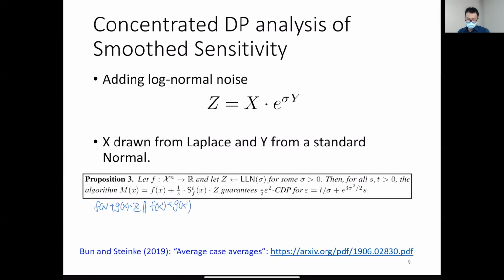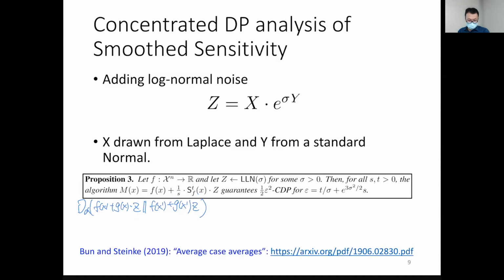So this is the 1 over S multiplier with a smooth sensitivity, which is a function of the data itself, right? So this is a function of the data itself, and all we want to do is to calculate the alpha Rényi divergence of these two distributions.